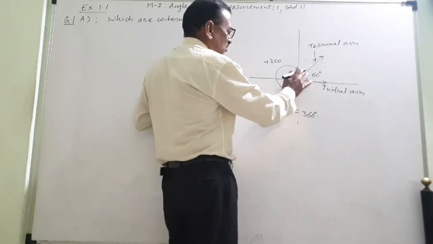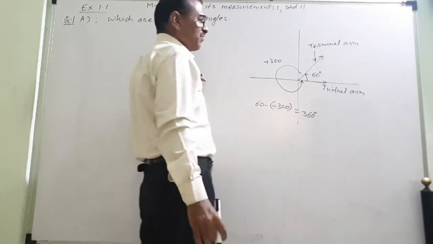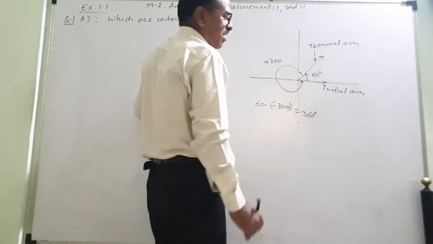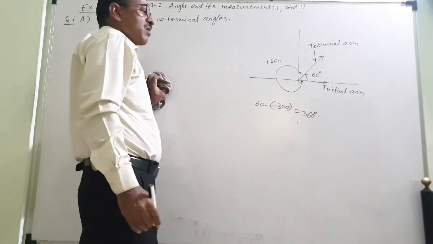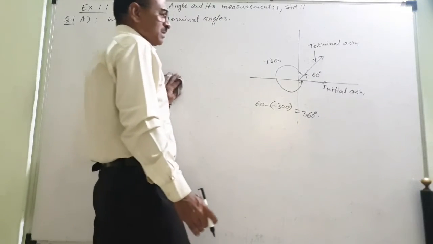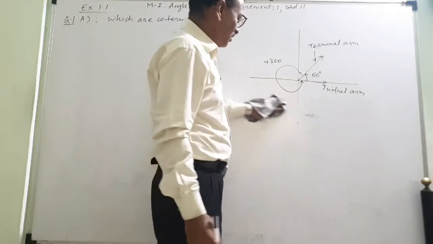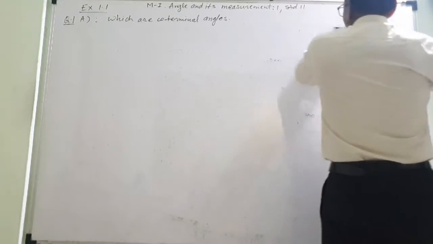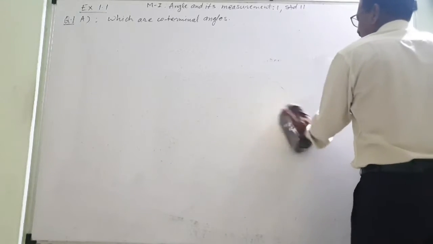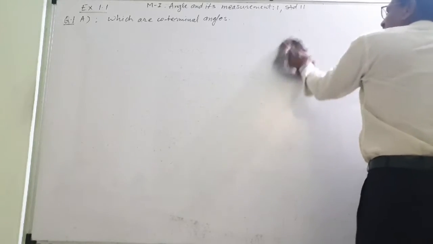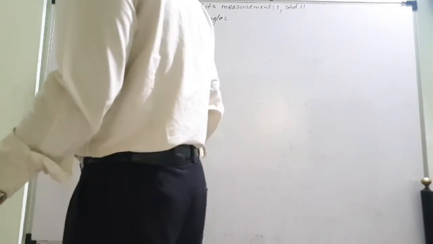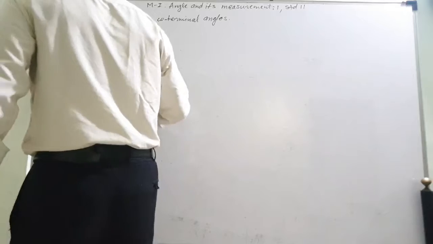Then also the difference is 360 degrees. So overall, what to say is, if the initial arm and the terminal arm are the same, then the angles are called coterminal angles. Terminal means the legs of the angles.